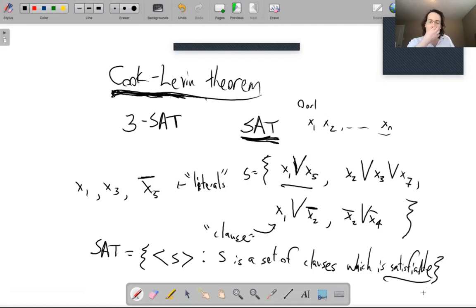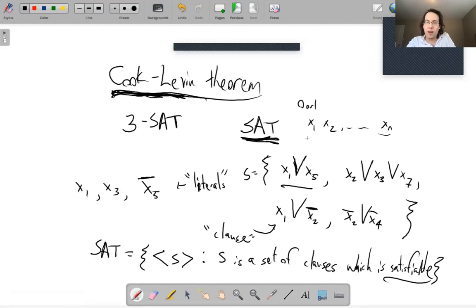Okay, so what do we mean by a set of clauses being satisfiable? We mean that there's a satisfying assignment, an assignment of either 0 or 1 to each variable. Like, let's say x1 is 0, x2 is 1, xn is 1, whatever. So I want some assignment to the variables such that when I plug them in, every clause evaluates to true.